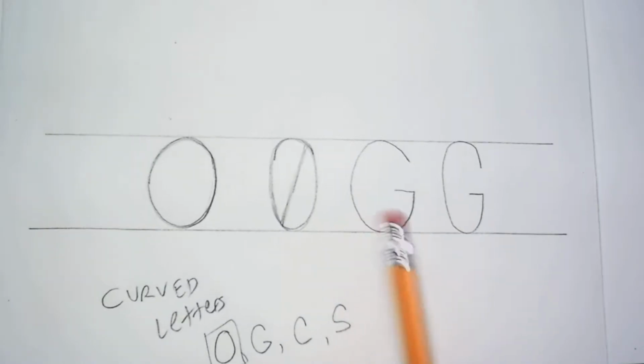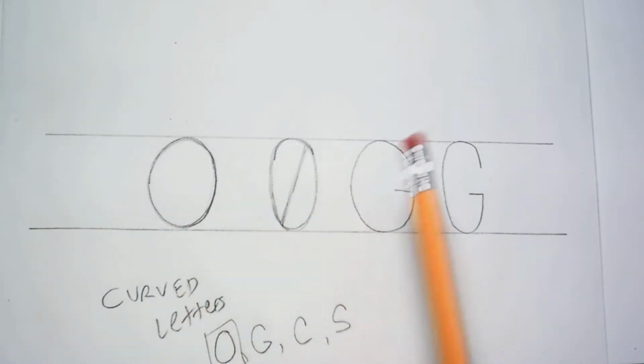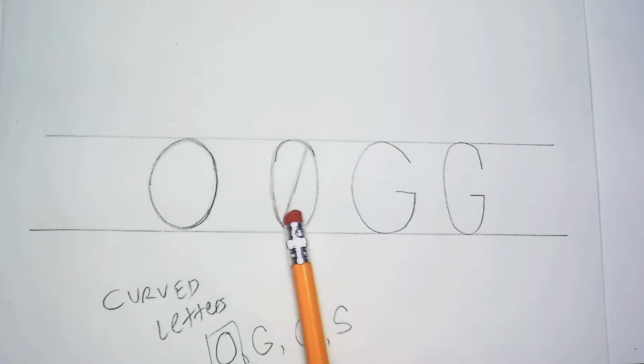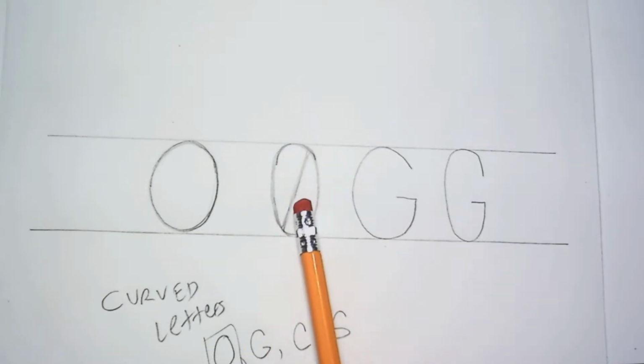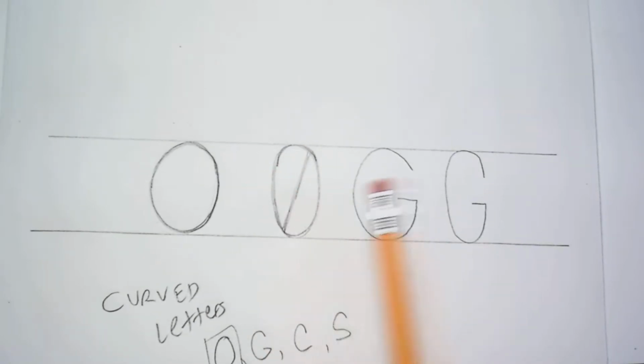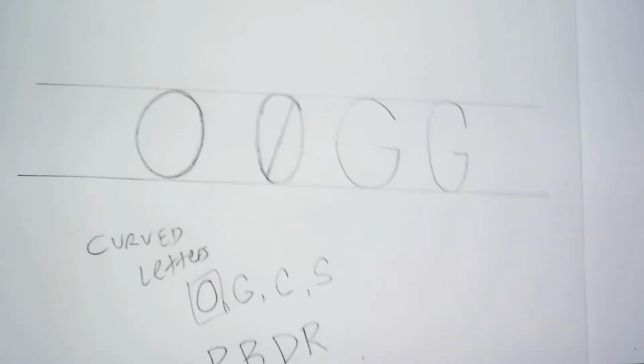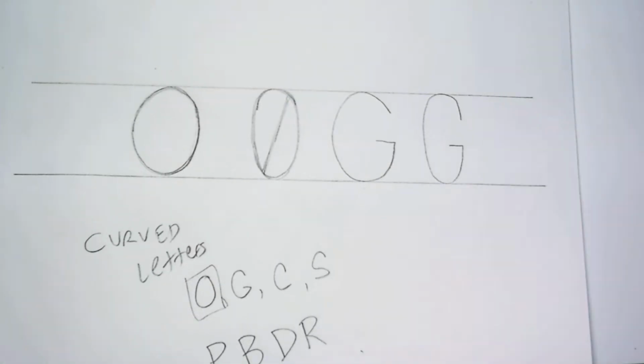So the difference between an O and a G or a C or anything else that's got curve in it is that a more oval O is always going to be a zero, but you can do an oval G or an oval C and you're going to be fine. So you can do a thinner one of those, and it's not against the rules or anything like that. And again, rules, let them be damned, but the thing is that they have to be there. So you have to play around with that.